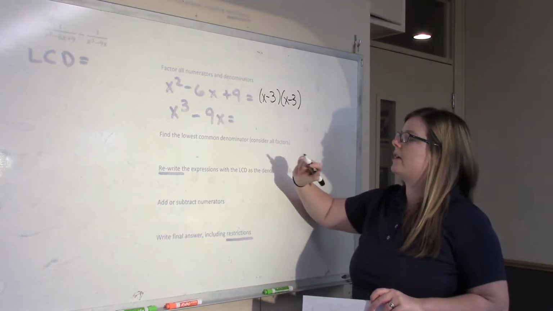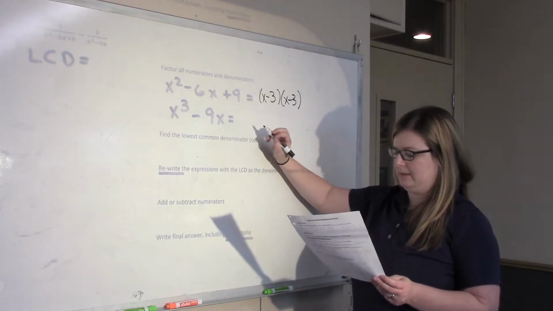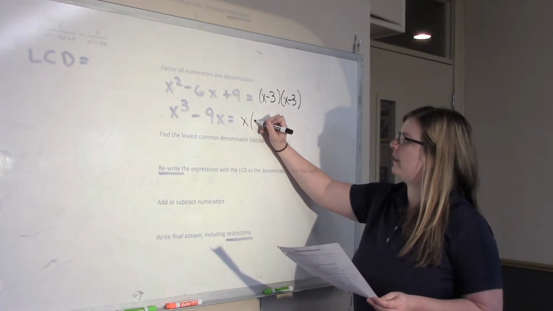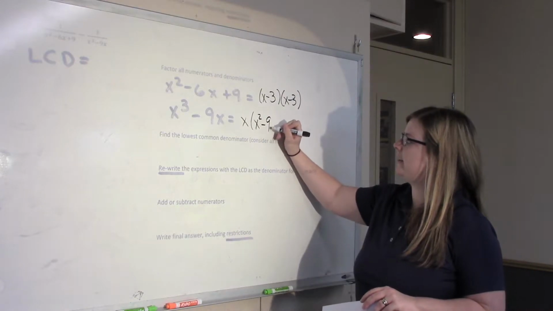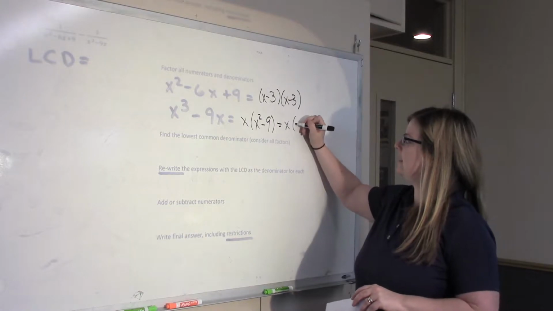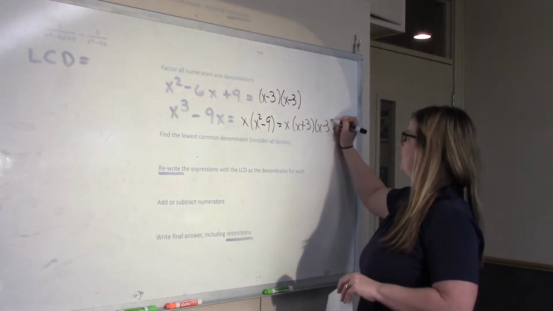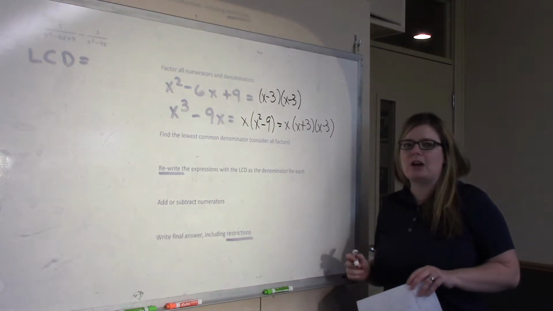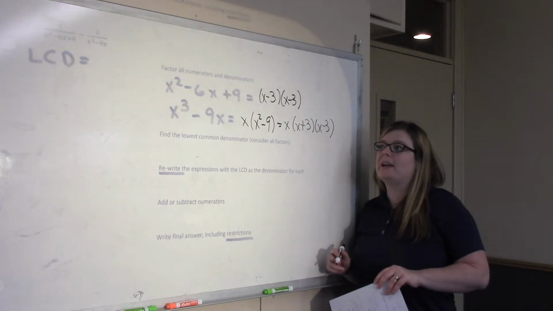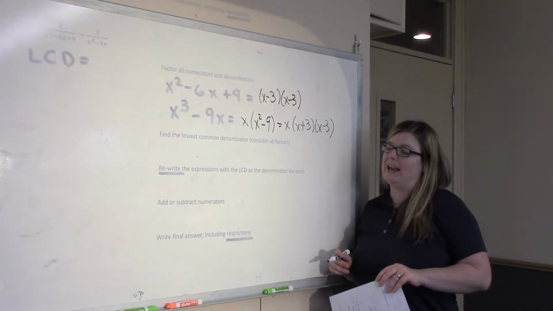So this, we can factor out an x, okay, and then we're left with x squared minus 9. That's a difference of squares, so we're left with x times x plus 3 times x minus 3. Okay, so now both of those denominators are fully factored, so we can get going and do the adding and subtracting.